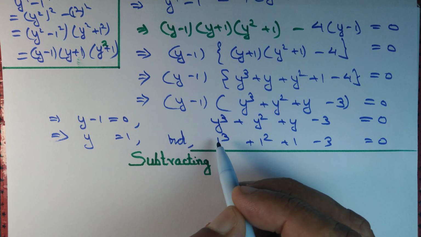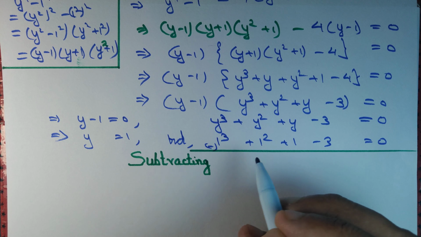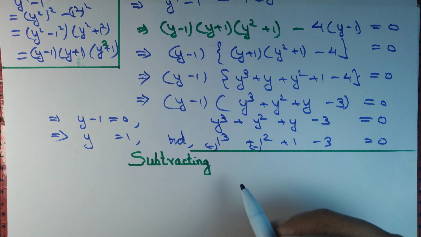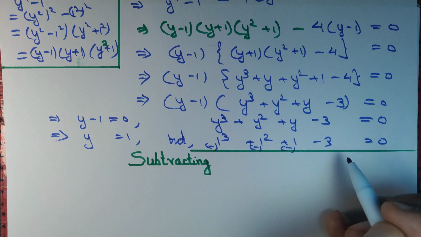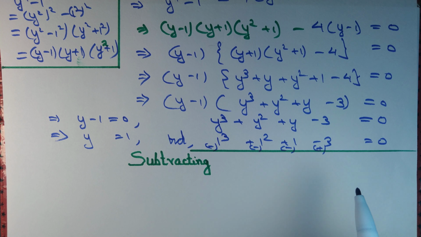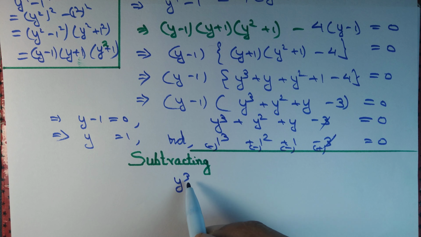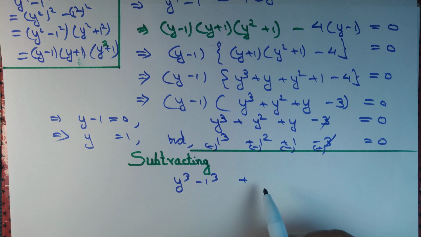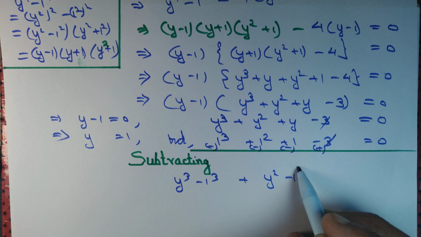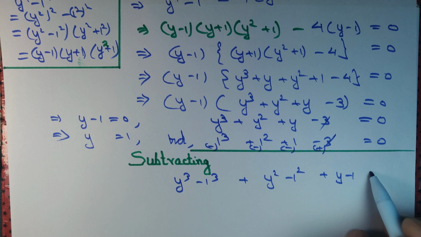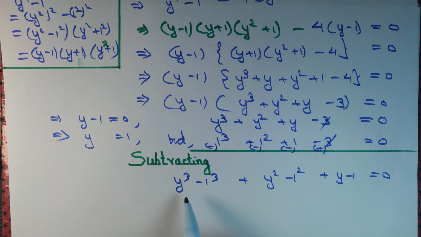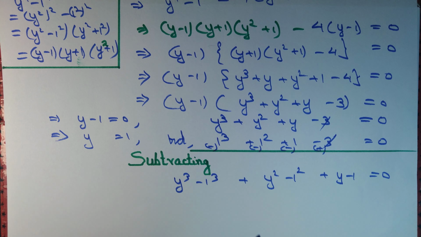So we simply subtract it: y cube minus 1 cube, y square minus 1 square, y minus 1, minus 3 changes to plus. When subtracting we have to change the sign, and plus 3 and minus 3 gets cancelled. So we are left out with y cube minus 1 cube plus y square minus 1 square plus y minus 1 equal to 0. Observe that we can take y minus 1 common.